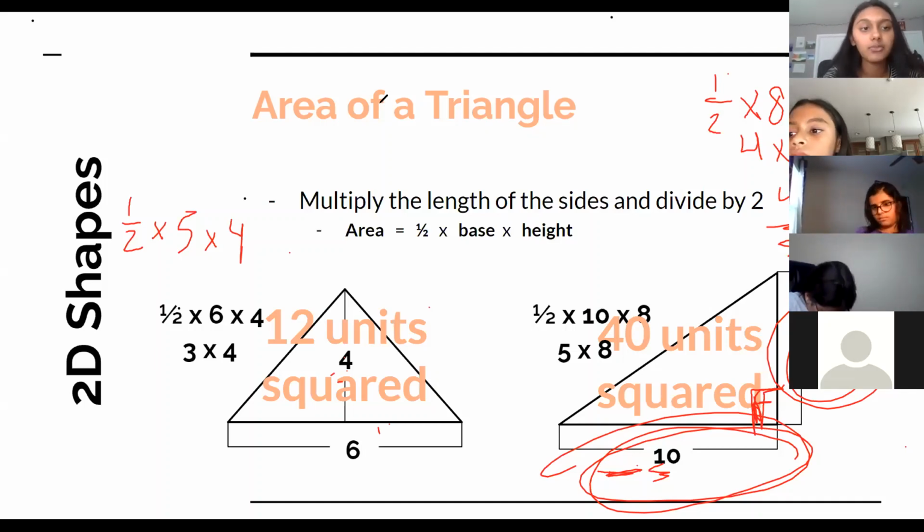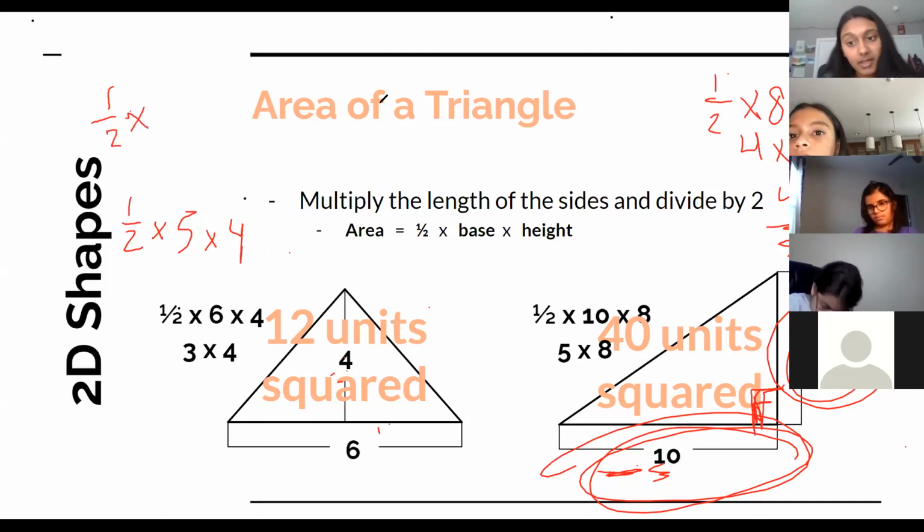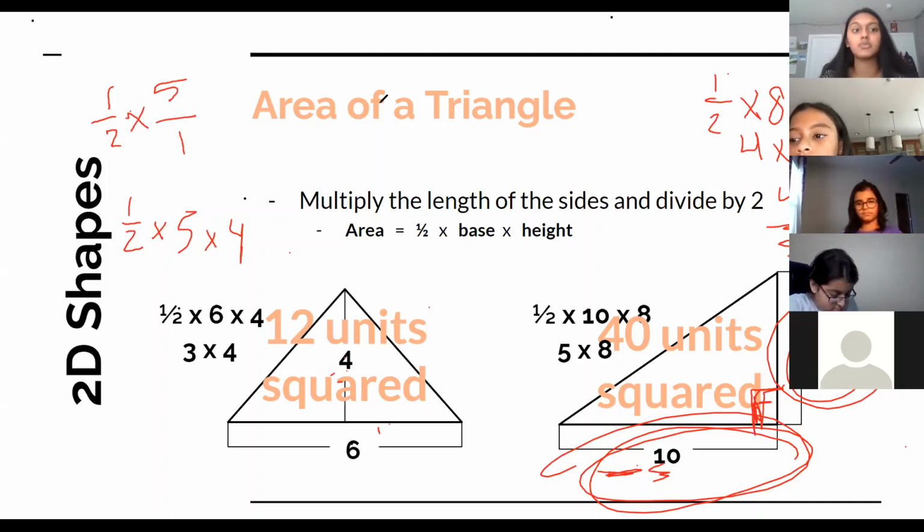And what we do is 1/2 times 5, right? And so that would be multiplying fractions. So 5 over 1. Whenever I multiply a whole number times a fraction, I always put the whole number over 1. And I think you guys did this last week. So whoever was in the session last week, you just carry over the numbers, right?